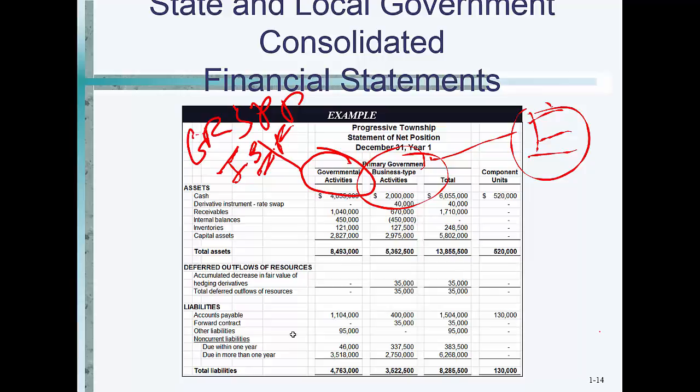Okay, so what you're looking at right here, it says consolidated. So if this is consolidated, that means that this is the government-wide statements, right? We said there'd be a set of government-wide statements. Remember that? Okay. And notice that we're sitting here and we have our governmental funds.